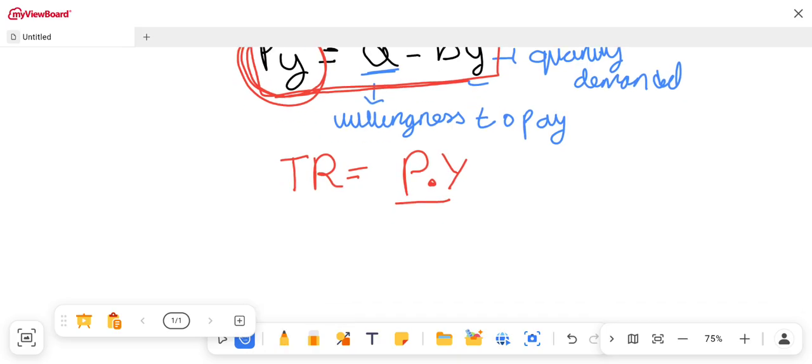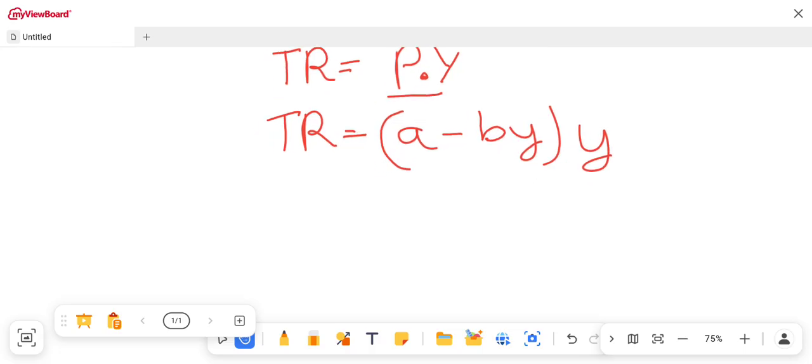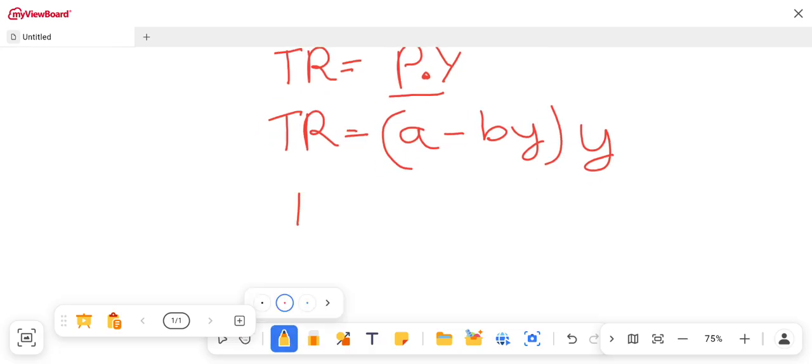So what we do is replace this equation in this. What we get is total revenue equals to A minus By upon Y. So we will multiply, we will get A minus By square.